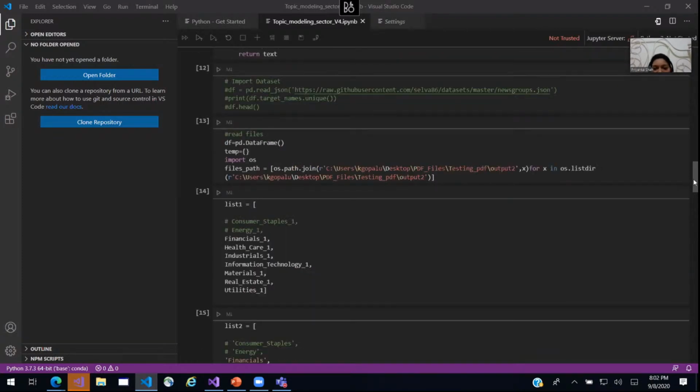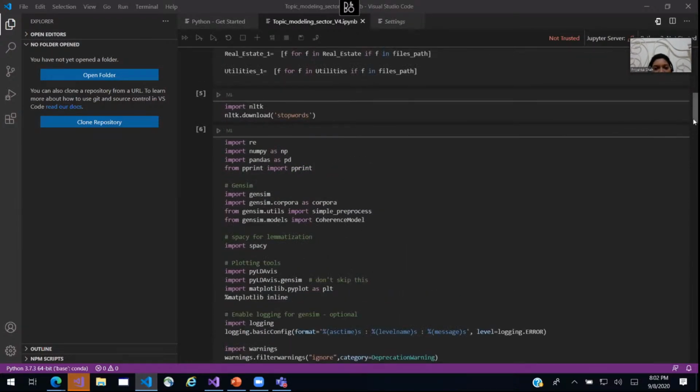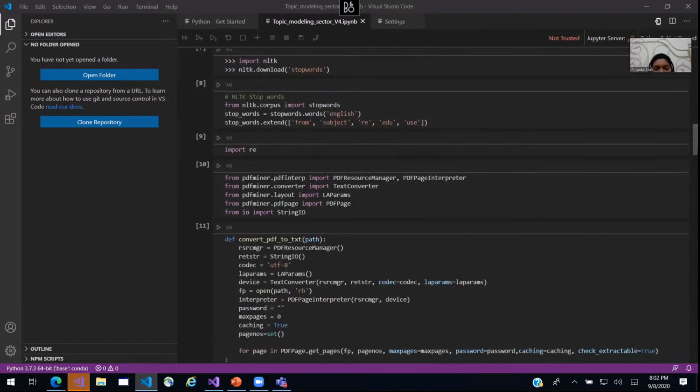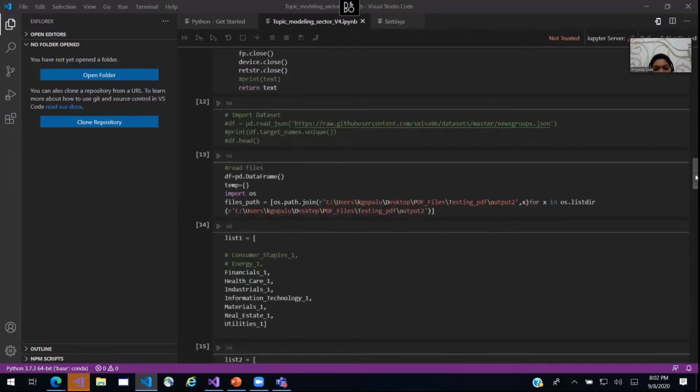We are removing the stop words here. You use NLTK to download stop words, and you are also defining your own stop words.